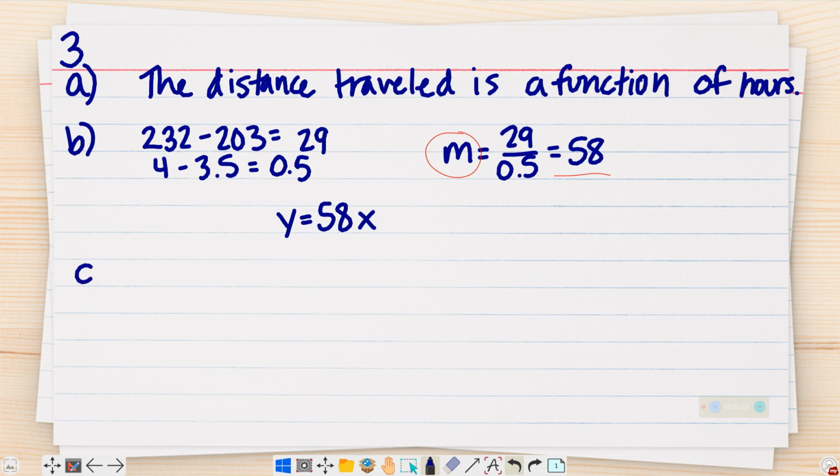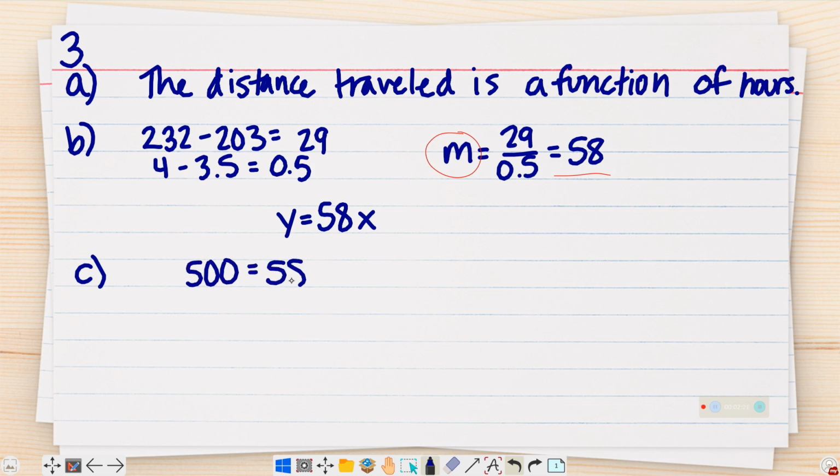Then part C. C says, assume that the person driving the car is going on a road trip to reach a location 500 miles from her starting point. How long will it take the person to get to the destination? Miles is y.